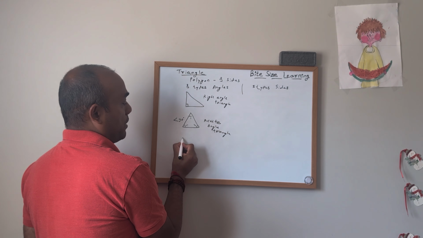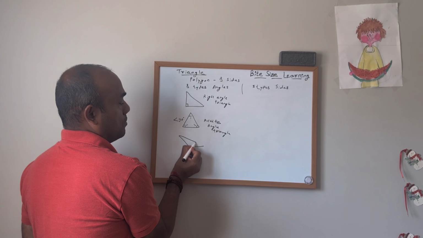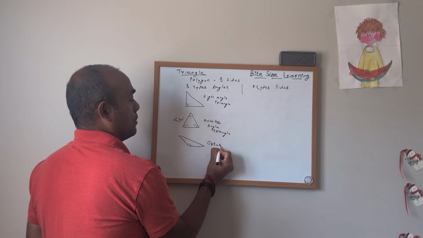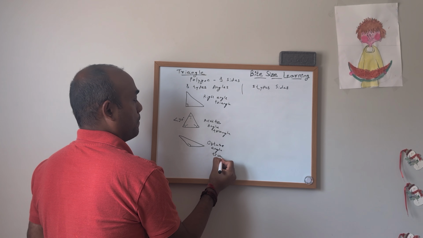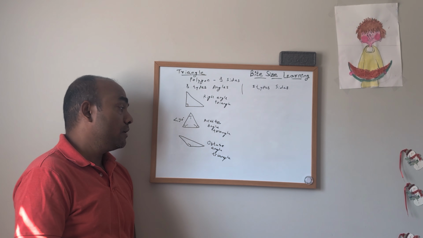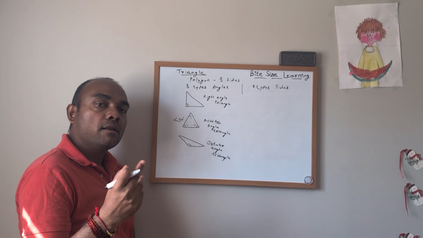Now the third type of triangle is the obtuse angle triangle. An obtuse angle triangle is a kind of triangle where one of its angles is more than 90 degrees.